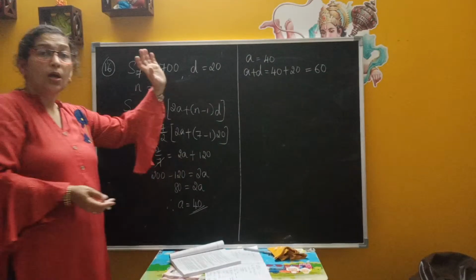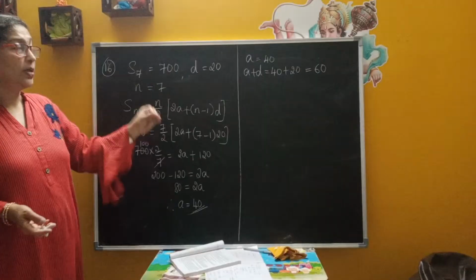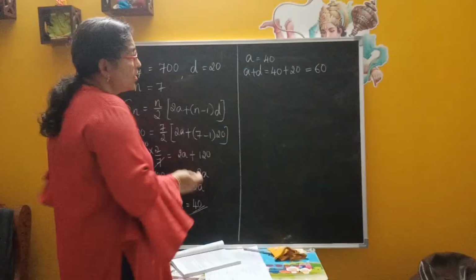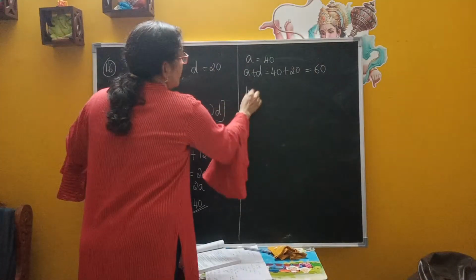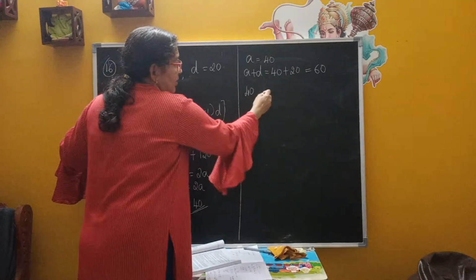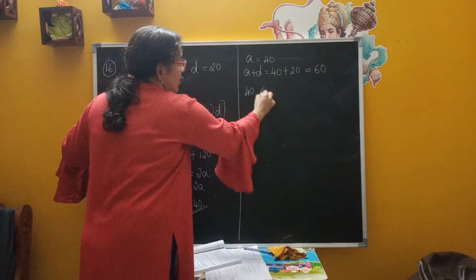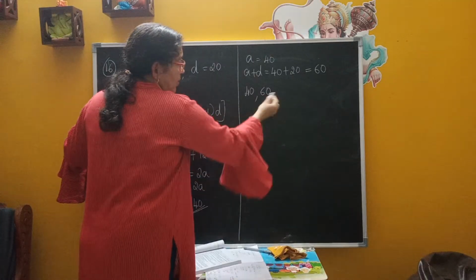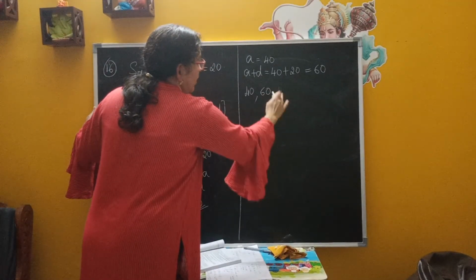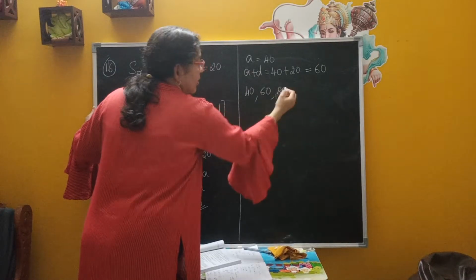So what is the AP? If you come in order of the prize, first place, second place, third place, we should come in decreasing order. So here 40 is the 7th place, the 6th place is 60. The student who has got 5th place gets 80 rupees.